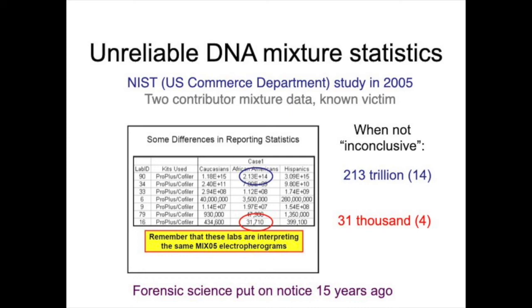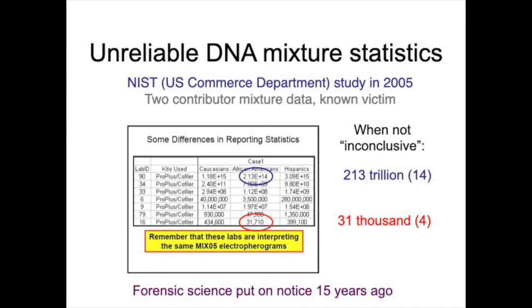The US government got involved. NIST is in the Department of Commerce, the National Institute of Standards and Technology. They don't have much expertise in modern interpretation of DNA evidence, but they did collect information about how well labs performed. And they did a lab study 15 years ago, which they never actually published scientifically about what their results and conclusions were.